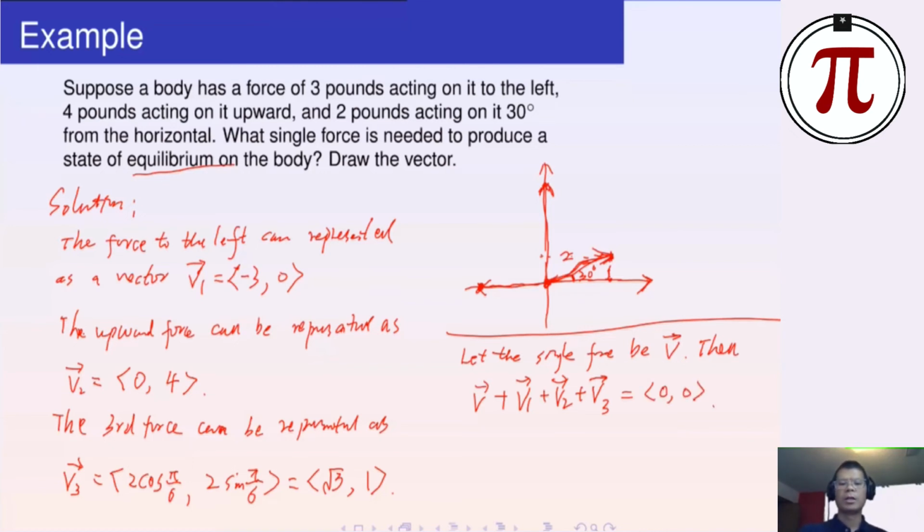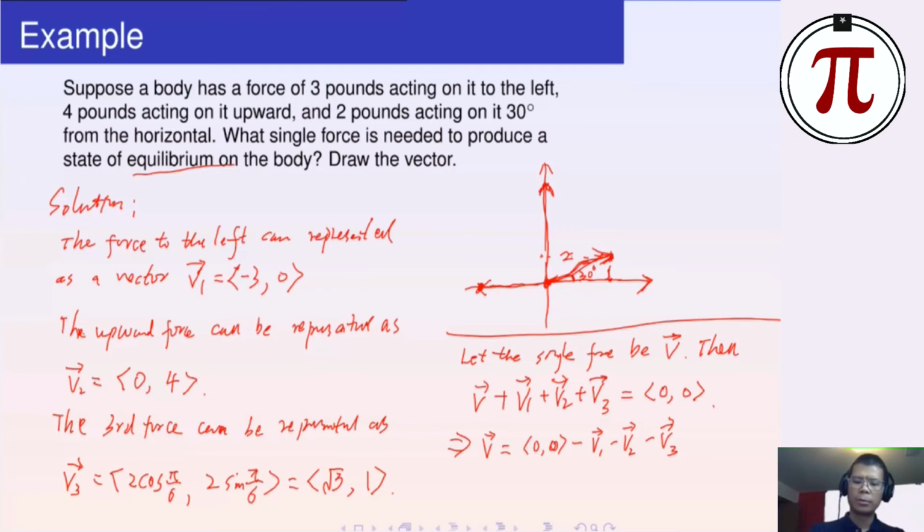That becomes an equilibrium. So what is V? It's 0, 0 minus V1 minus V2 minus V3.